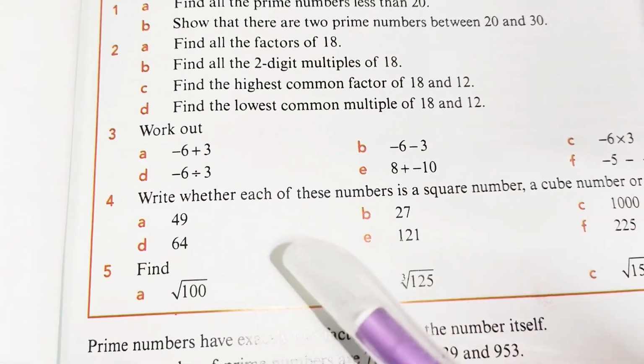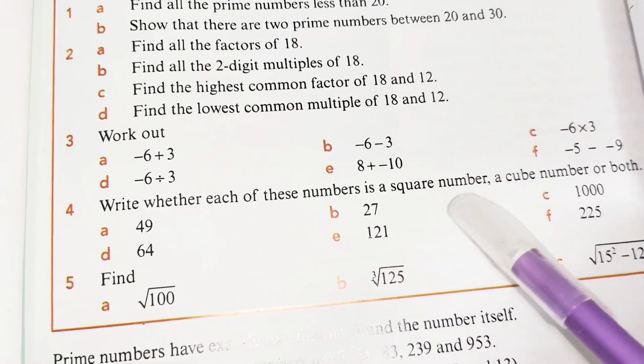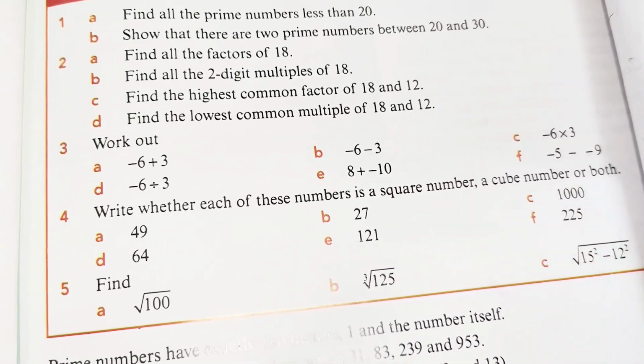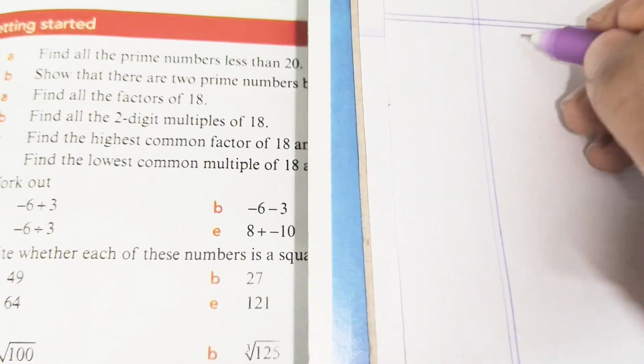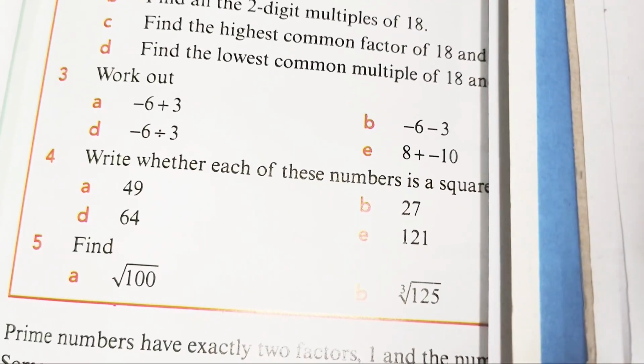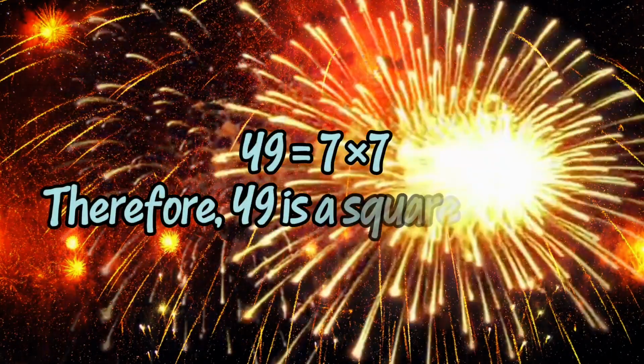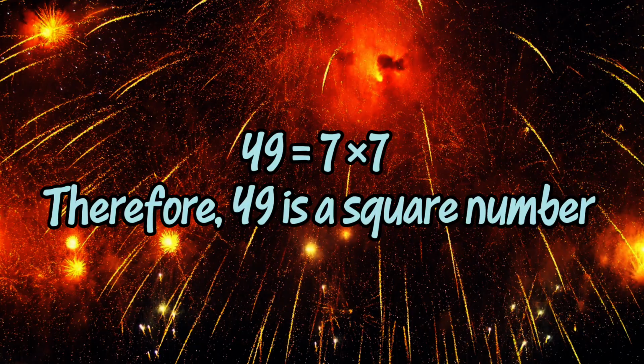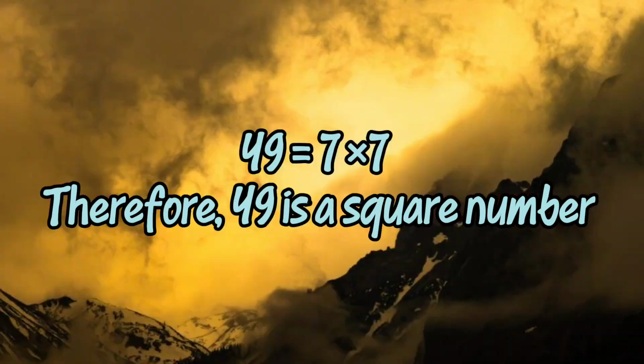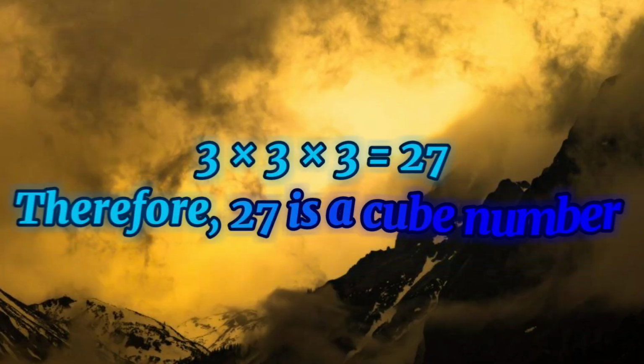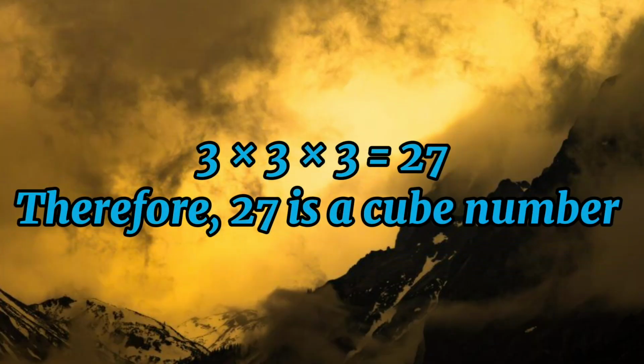Now number 4. Write whether each of these numbers is a square number, a cube number, or both. For 4a, we have 49. 49 is a square number, therefore it's a square. In 4b, 27 is a cube number, as 3 times 3 times 3 equals 27.